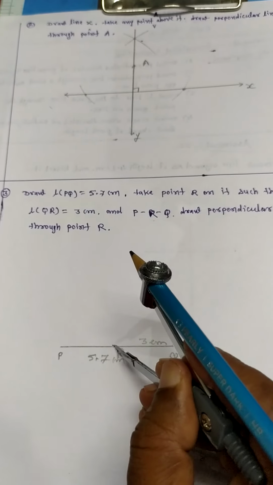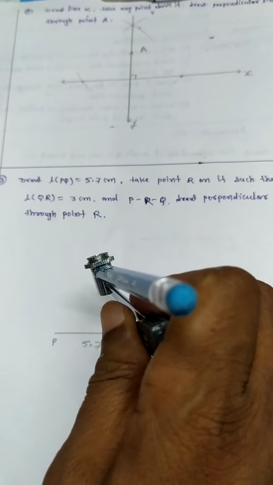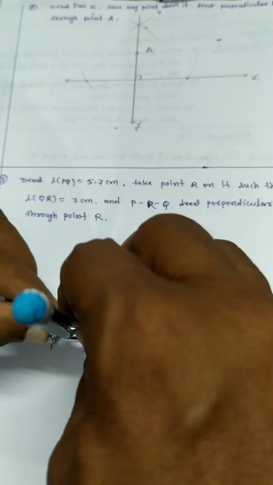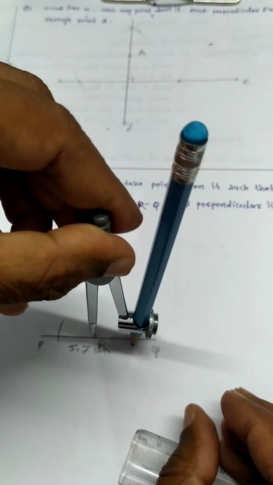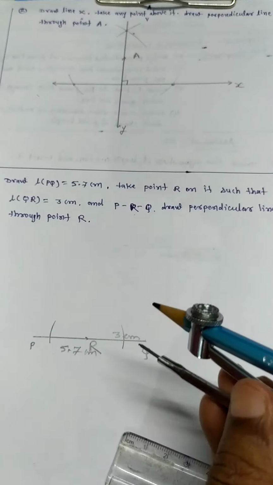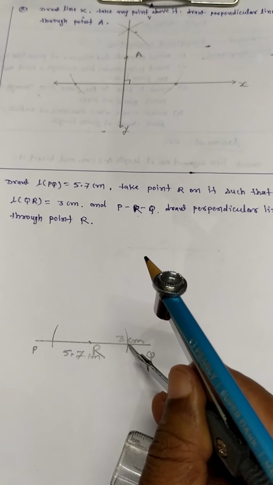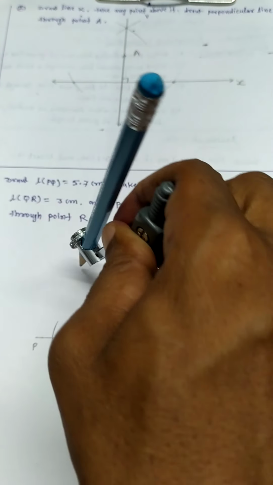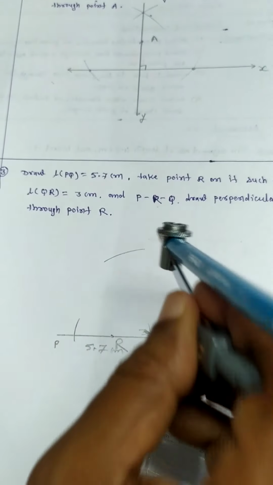So I place the compass on the point through which we have to draw the perpendicular, in this way, and make this arc on this line. Now increase the distance. Again we take the points of intersection of line and arc and make arcs above.